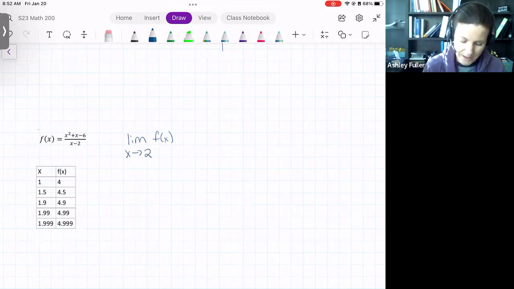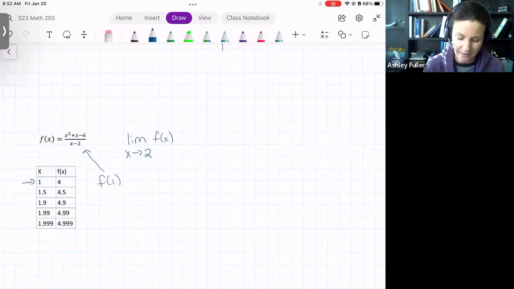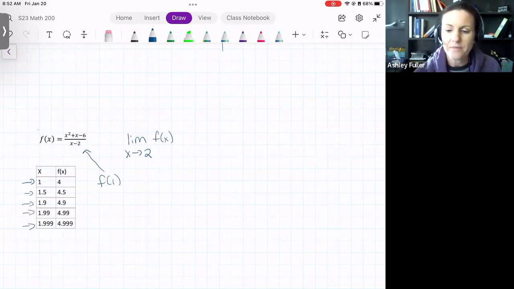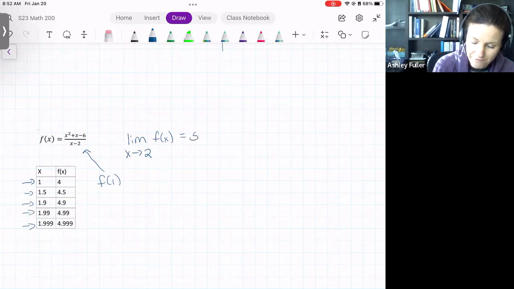So here I've made a chart of the values. As we start at 1, find the value of f of 1 for this particular function, we get 4. And then we move closer and closer to 2 with each iteration. And what we say is that as x approaches 2 from the left, the function f of x approaches 5.